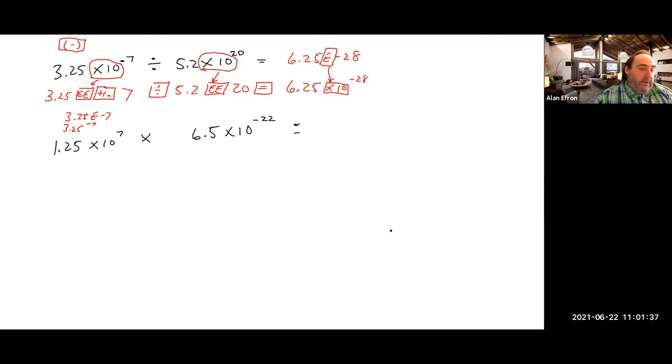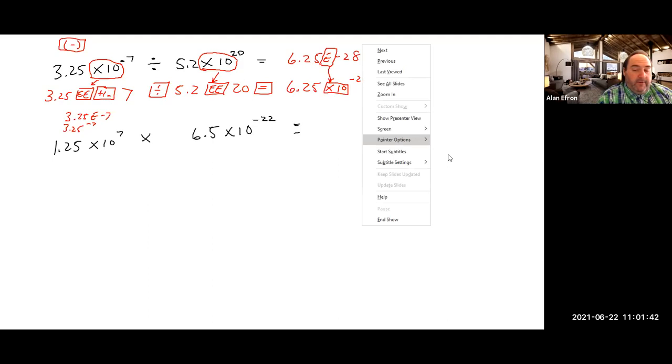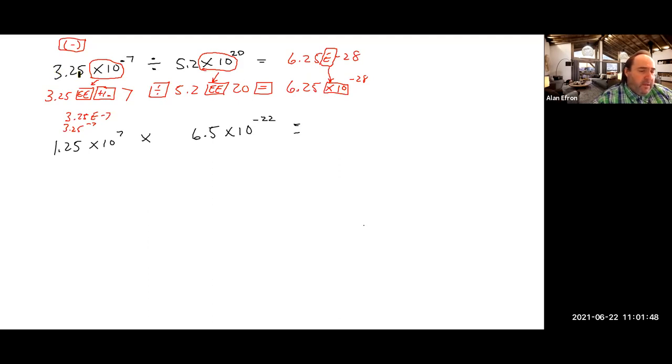The other thing that we also want to look at is significant figures, right? When we give our answer, we are dividing here, which means we're looking at significant figures. The first number has 3 significant figures. Remember, in scientific notation, all the numbers that come before the times 10 part are significant.